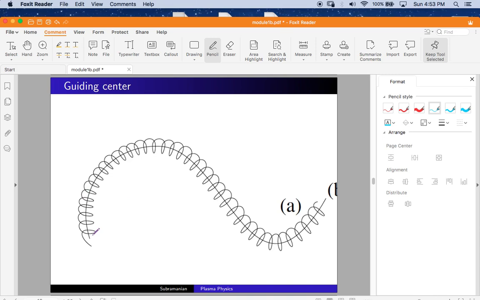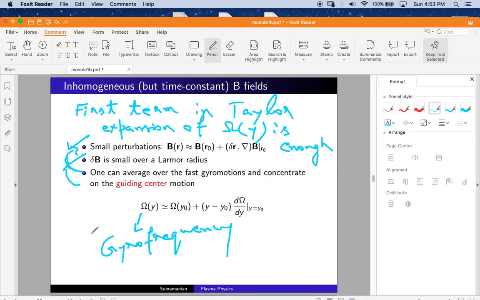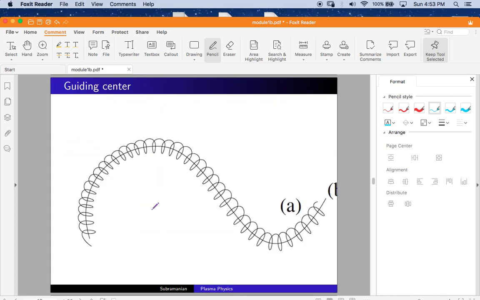In other words, if it is true that the gyro frequency varies weakly with length, with its in space, then if you have a situation where the magnetic field is varying in space like so, then particle trajectory can be like this, and you don't really need, you can average over these fast.